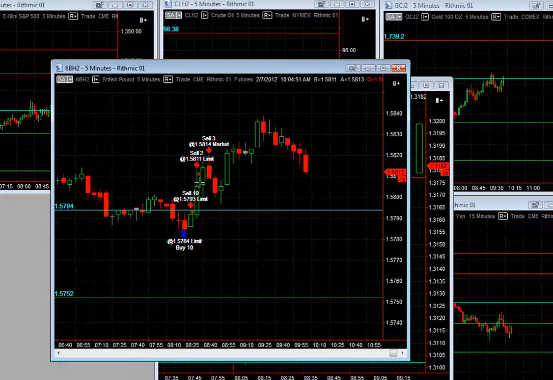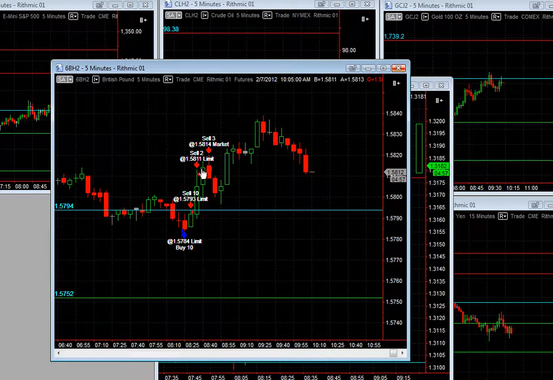The market starts to move up, and I pick some exit points, and the first exit point gets hit here for 2 at 58.11, but the market actually immediately did not make my second exit point.